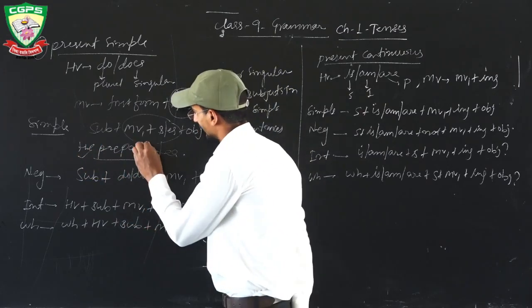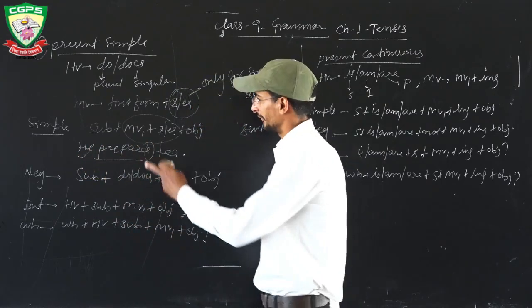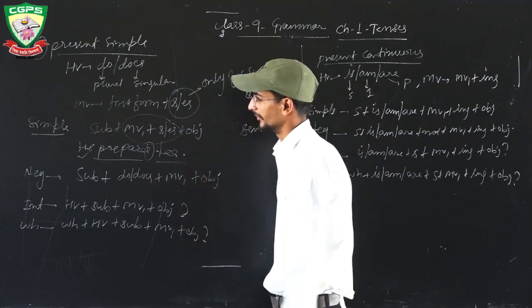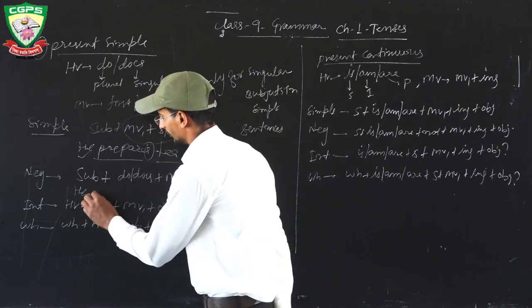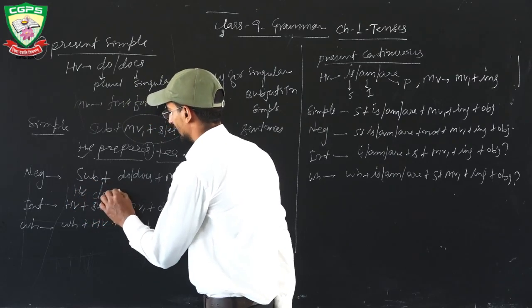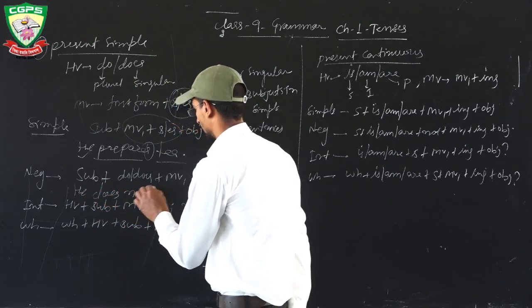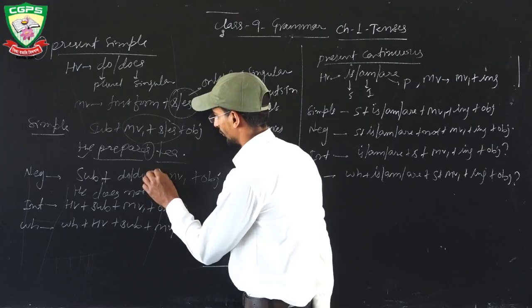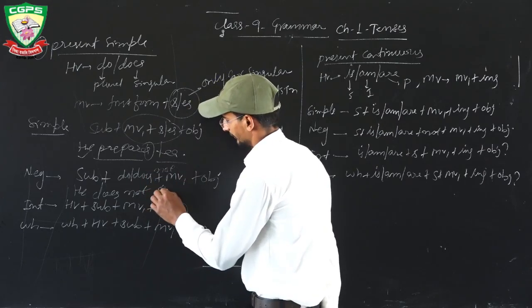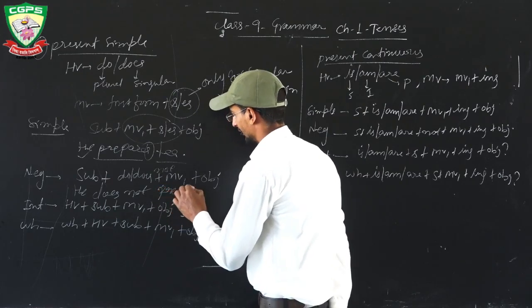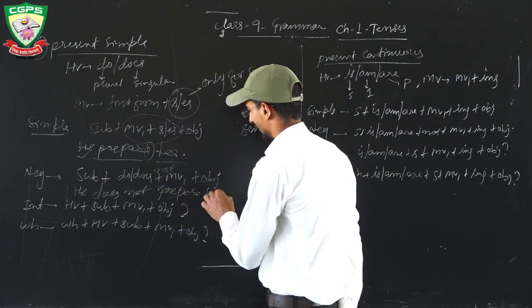So s here is main verb first form s/es and tea is object. For making a negative, he is singular subject, the helping verb is does. He does not prepare tea. Negative sentence here, not is used. Does not prepare tea. Main verb is prepare and tea. That is negative sentence.